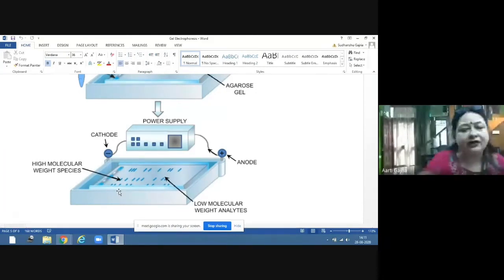The low molecular weight species, the smaller fragments, will move farther. So we can separate the DNA fragments: the bigger will be here and the smaller will be here.